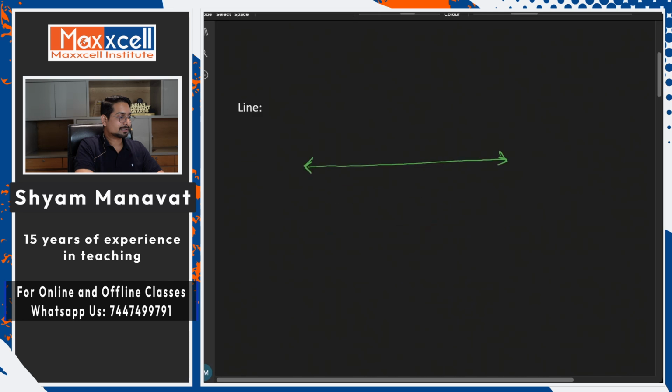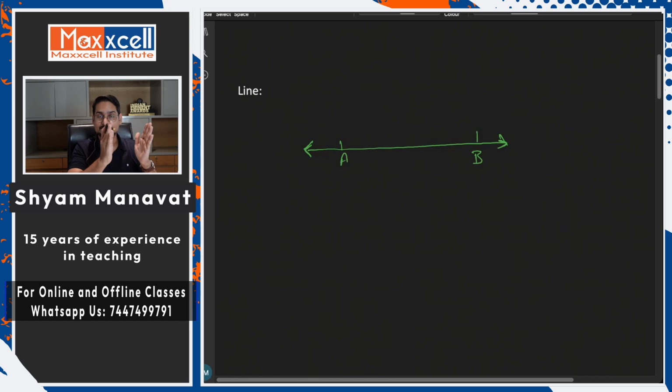If you take a segment of it, let's say points A and B, segment means part, a segment of it, then this will be called what? Line segment. So what is AB? AB is not a line. AB is what? Line segment. I mean, AB is a line also, but AB we can also define as a line segment. For a line we don't need A and B.